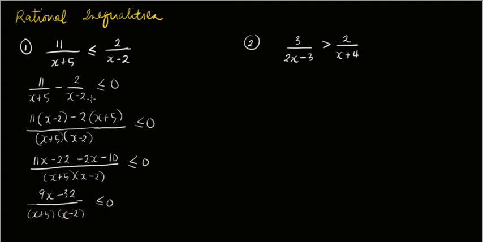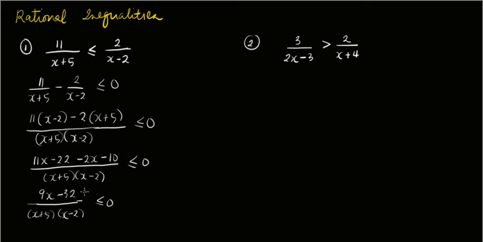Let's check whether we're correct. Negative 2 times x plus 5, and then 11x minus 22 minus 2x minus 10, then x plus 5 times x minus 2, and then 9x minus 32. Yeah, I think we're correct.